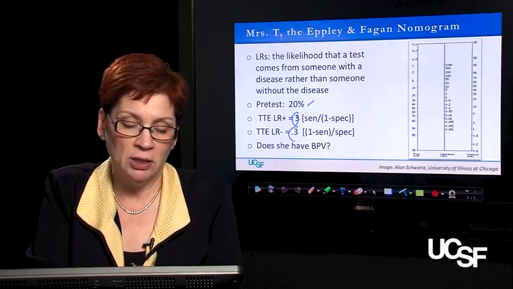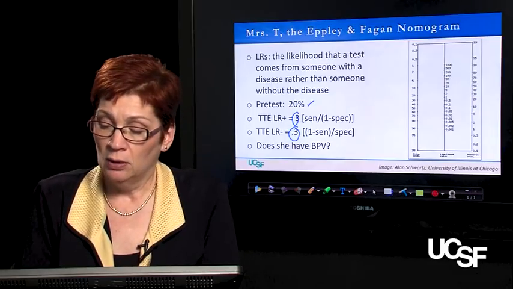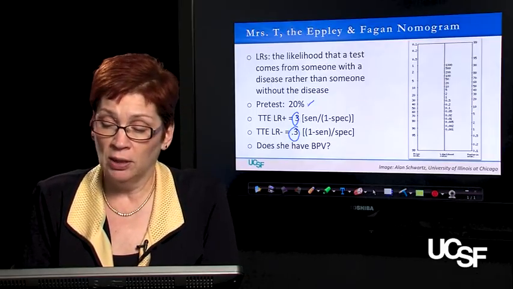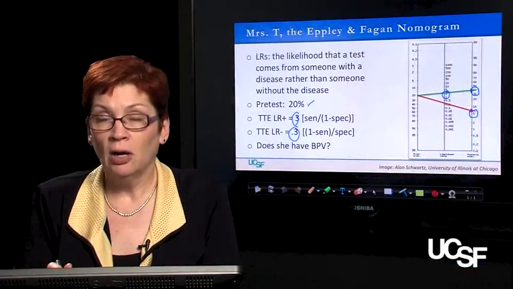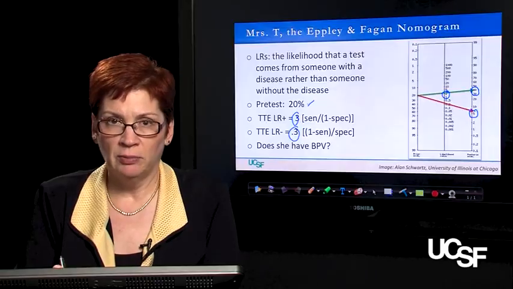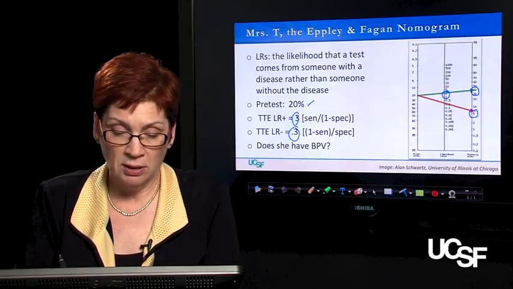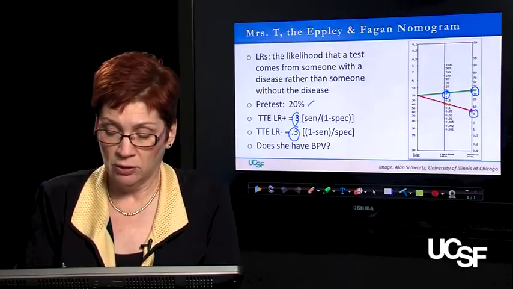And a negative likelihood ratio of 0.3. So again, applying our ruler to the Fagan nomogram, we start with a pretest probability of 20%, a likelihood ratio of 3, and we end up with a post-test probability of 40%. A negative likelihood ratio would move us down to a post-test probability of about 7%. So it's hard to conclude that she definitively has benign positional vertigo in this particular diagnostic strategy and set of circumstances.